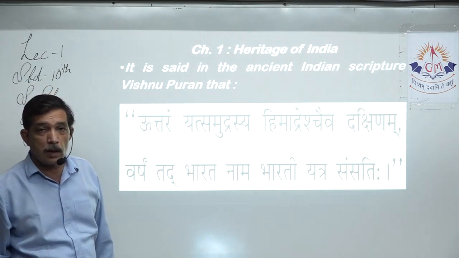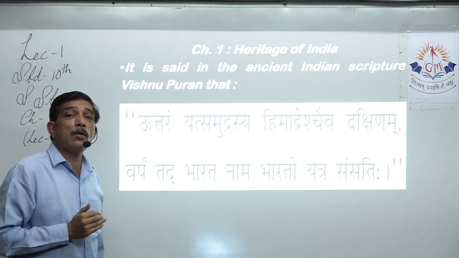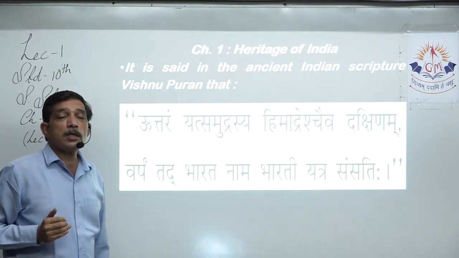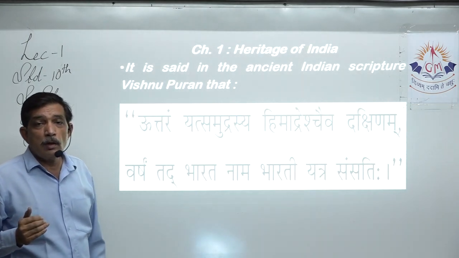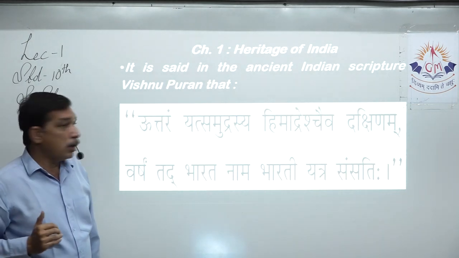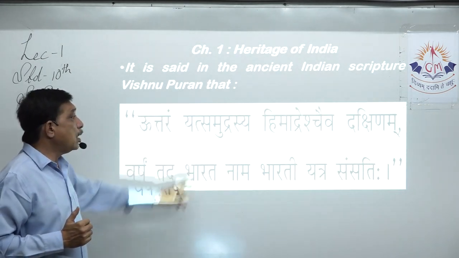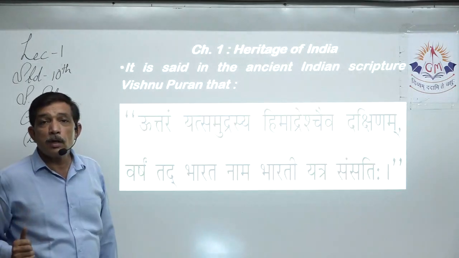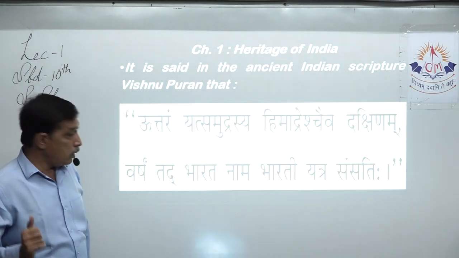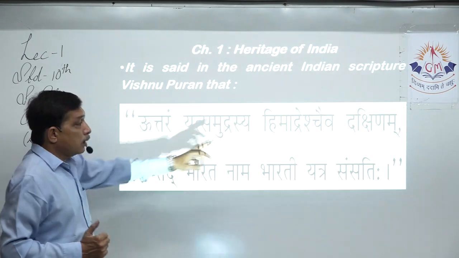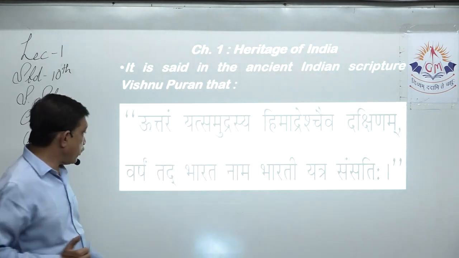Then we go vertically downwards. Then we have at the tip of South India, the Indian Ocean, right? So from the north, from the Himalayas to the tip of South India, where there is the Indian Ocean, Dakshinam. Dakshinam means south.